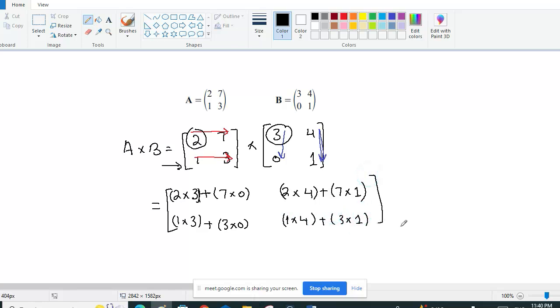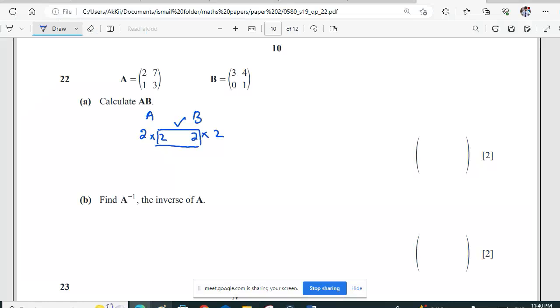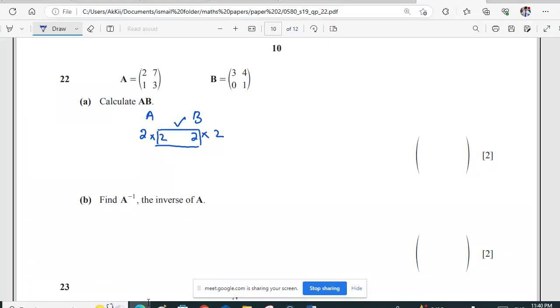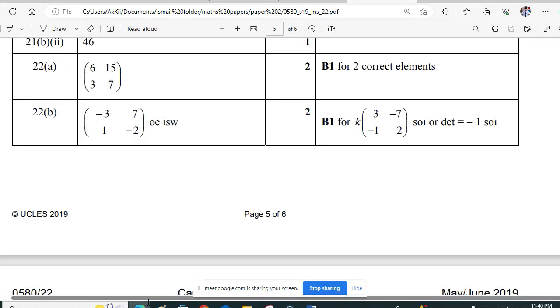So when you multiply them, 3 2s are 6, 4 2s are 8, 8 plus 7 is 15, 3 1s are 3, and 4 plus 3 is 7. So this is the final answer of the multiplication of the matrices. My answer is 6, 15, 3, 7.